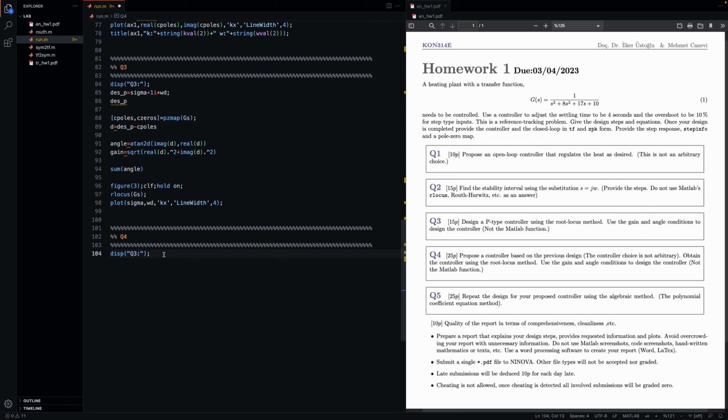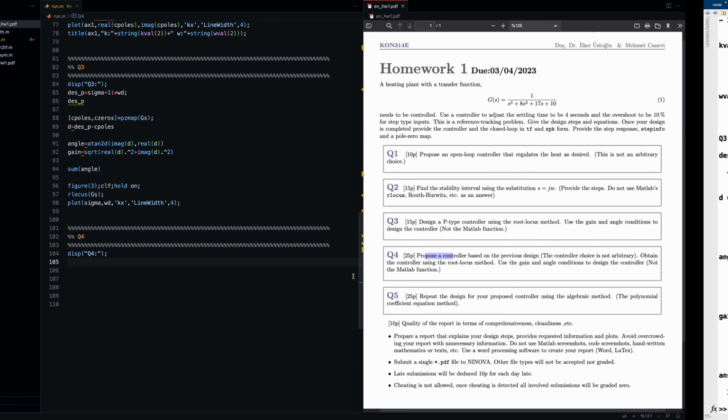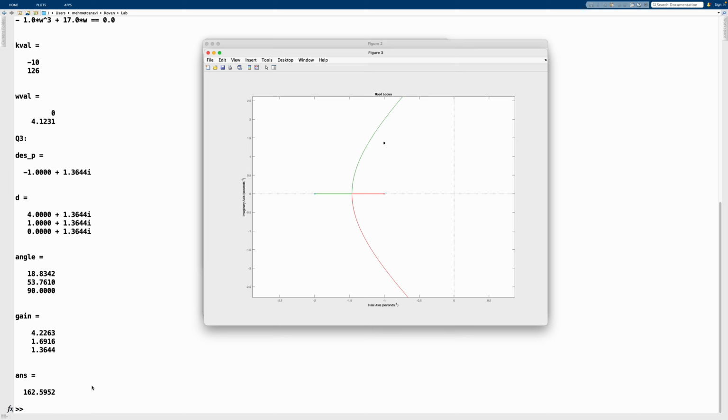Now this part needs a little bit of brainstorming, and the reason behind that is the following. We are going to propose a controller, but our angle is 162 degrees.